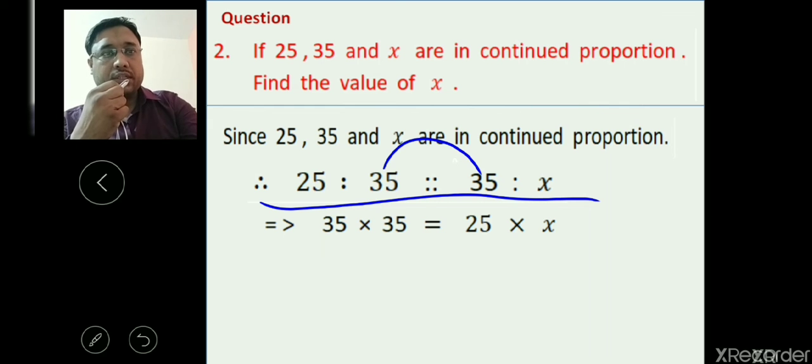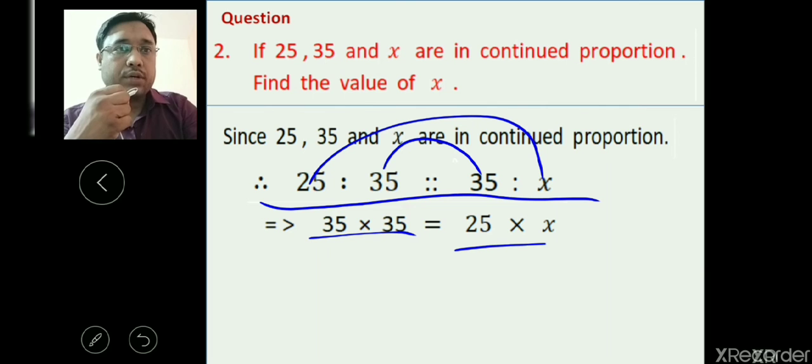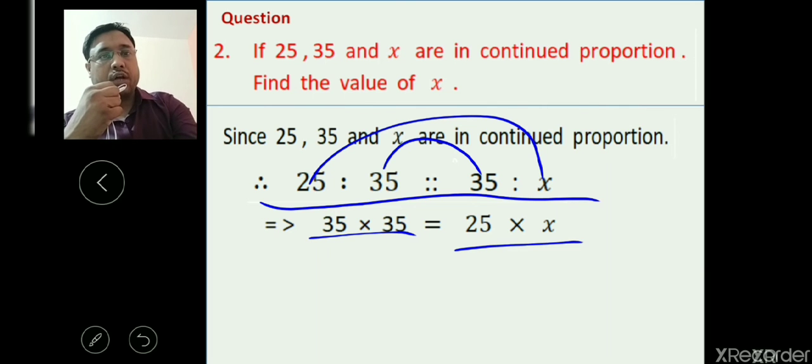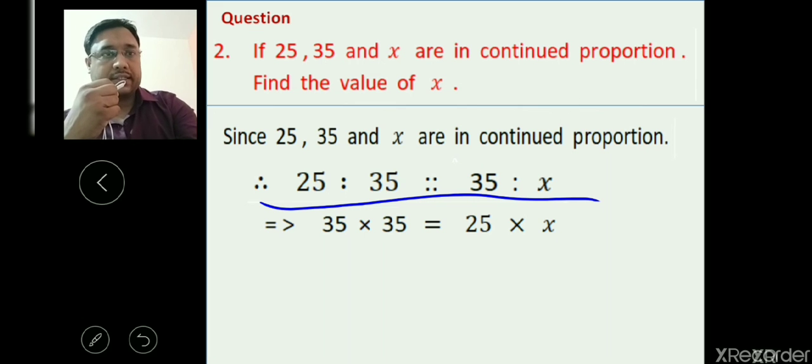So according to this rule, that product of means is equal to product of extremes. First I am writing means only. So 35 into 35 is equal to this 25 into x. That means product of extremes. So now solving this equation, you can find the value of this x. 25 will go on the other side of the equation, and it will divide.